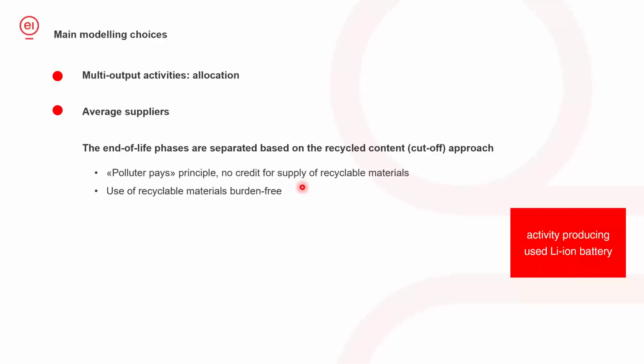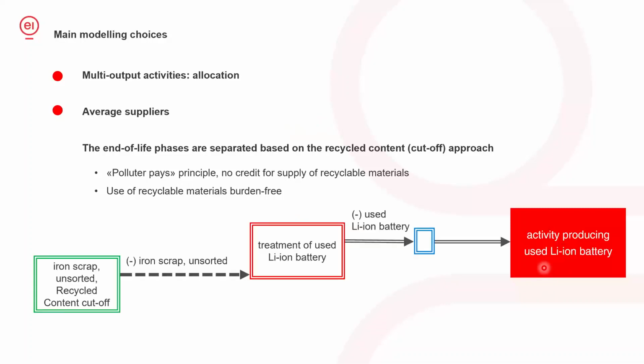Here is an example of what this statement practically means. We have an activity producing waste. This waste is called used lithium-ion battery. Let's call it waste. This waste needs to be treated. And from this treatment, we have a valuable product coming out, a recyclable. This recyclable comes out of this treatment burden-free.